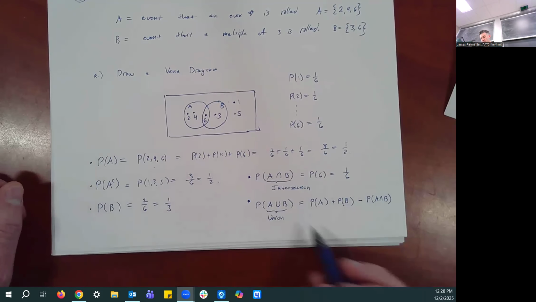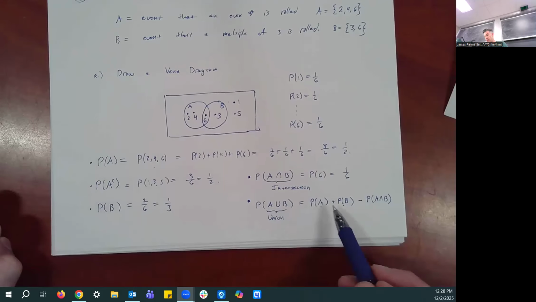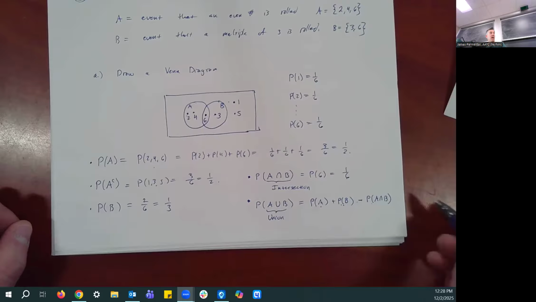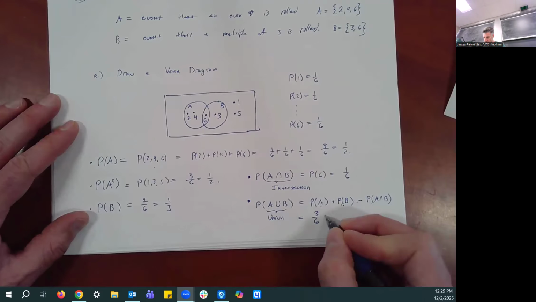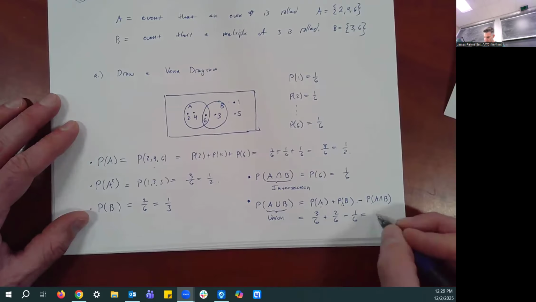So the probability of A union B is the probability of A plus the probability of B minus the probability of the intersection of A and B, to undo that overcounting. That would be 3/6 plus 2/6 minus 1/6, which is 4/6, which reduces to 2/3.